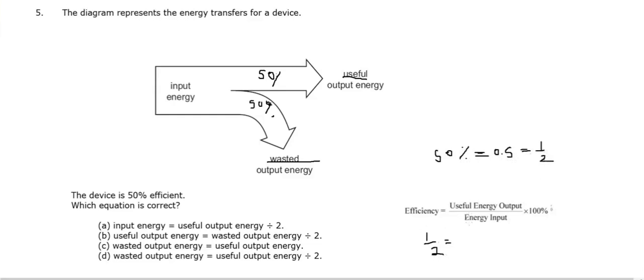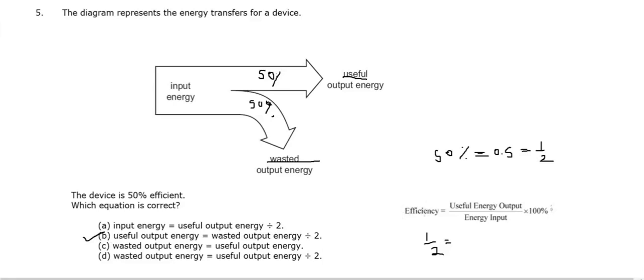So 1 by 2 is equal to useful energy output divided by the energy input. So we can say that useful energy output is nothing but wasted output energy divided by 2. So option number B is the correct one. Here you are just simply using the efficiency formula and nothing else.